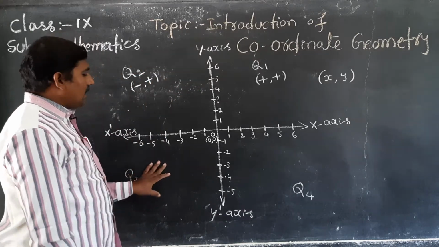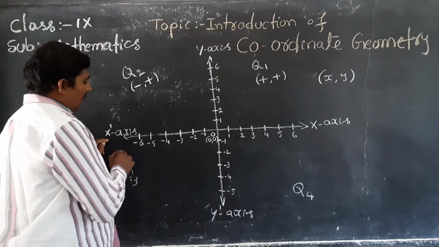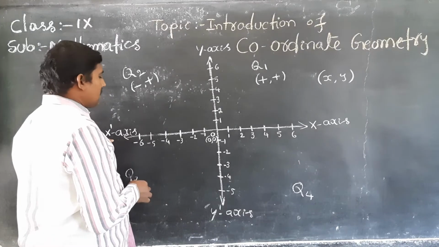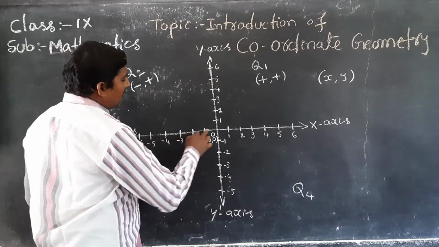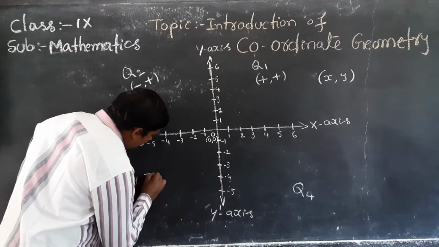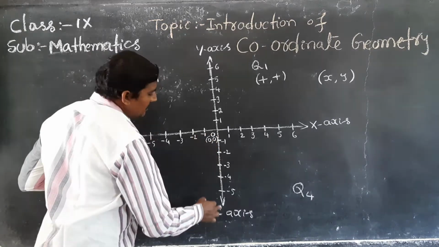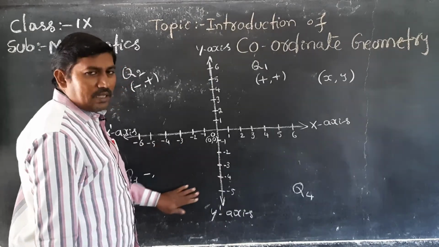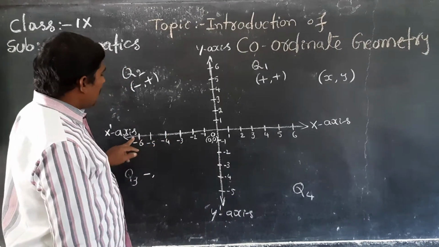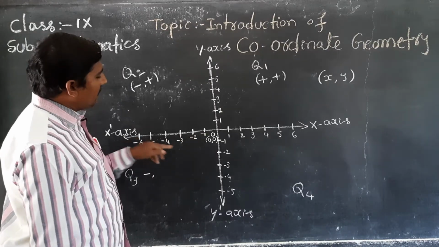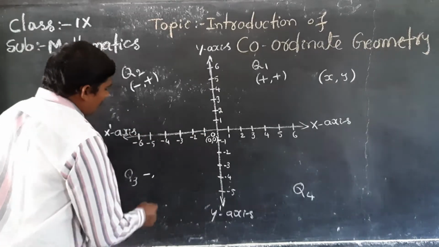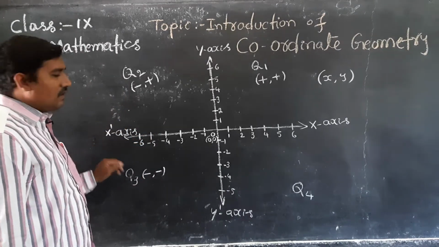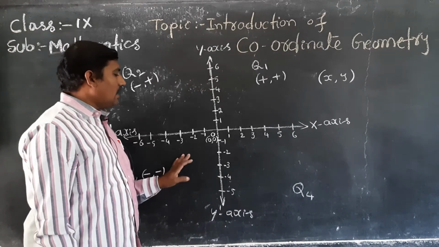Now see the values in quadrant 3. First of all take the x values, because in x comma y the first is x. On the x-axis the values are negative, and the y values are also negative. So minus comma minus values are located in quadrant 3.